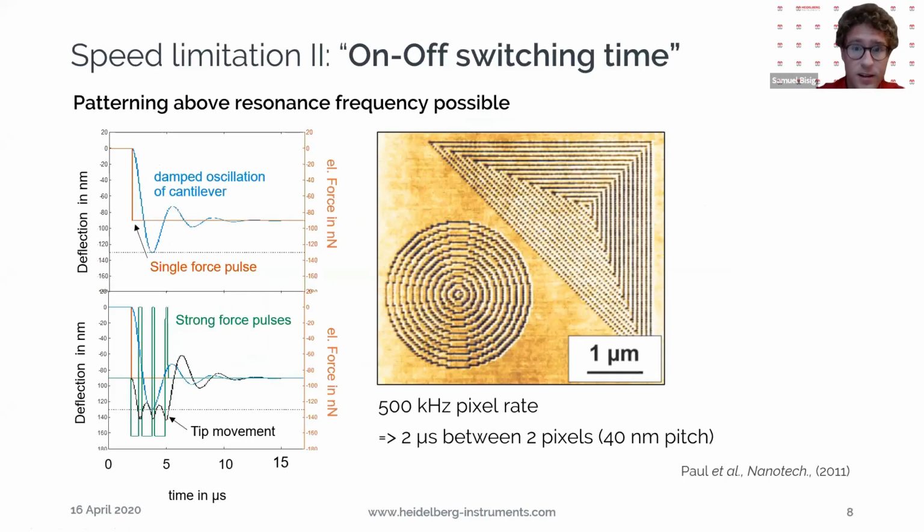The cool thing is that we can even pattern above the resonance frequency. Once we get the cantilever in contact and we actuate, you can see how the cantilever oscillates into its static position. But if we actuate with faster and stronger pulses, we can even operate above this frequency, which here is 500 kilohertz.